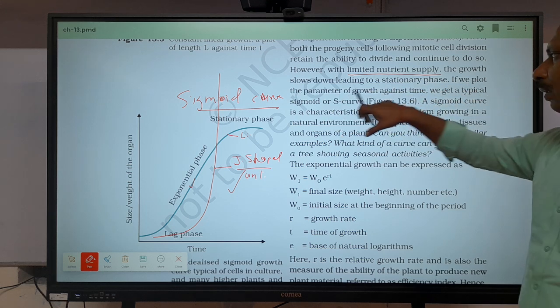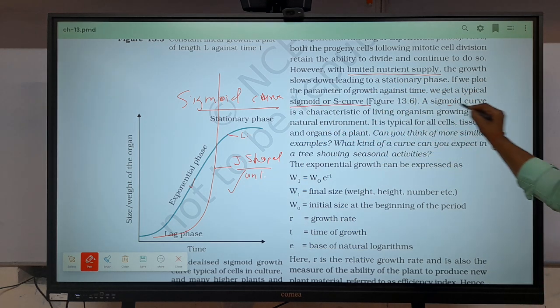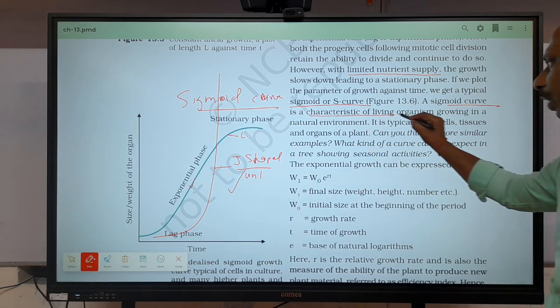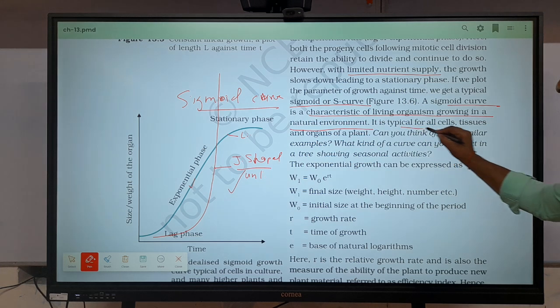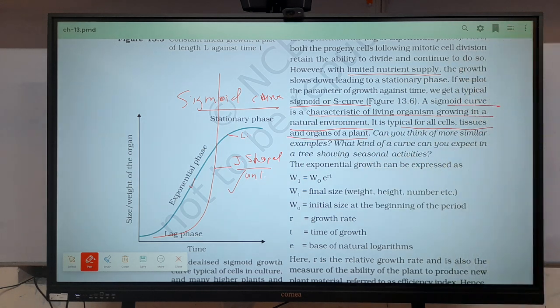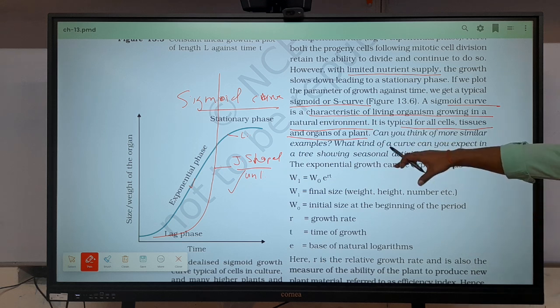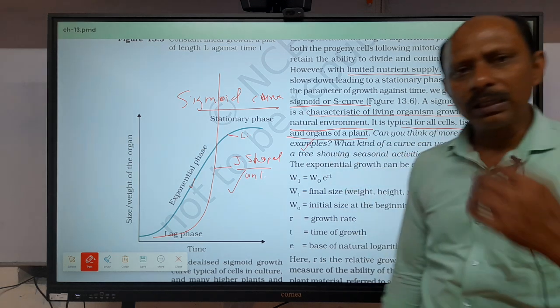If we plot a parameter of growth against time, we get a typical sigmoid or S curve. A sigmoid curve is characteristic of living organisms growing in a natural environment. It is typical for all cells, tissues and organs of the plant, right? Now it is given, can you think of more similar examples? Seasonal growth.